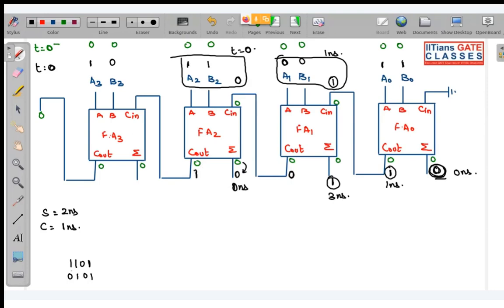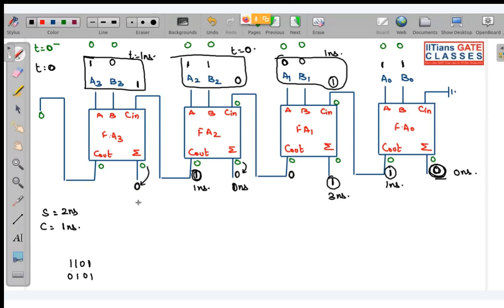But for generating this carry, how much time do we require? We require 1 nanosecond. So this one will be transmitted over here, and all the inputs of this full adder 3 will be present by 1 nanosecond. Okay, by 1 nanosecond. So when we add 1 plus 0 plus 1, sum will be 0. Initially also this was 0.